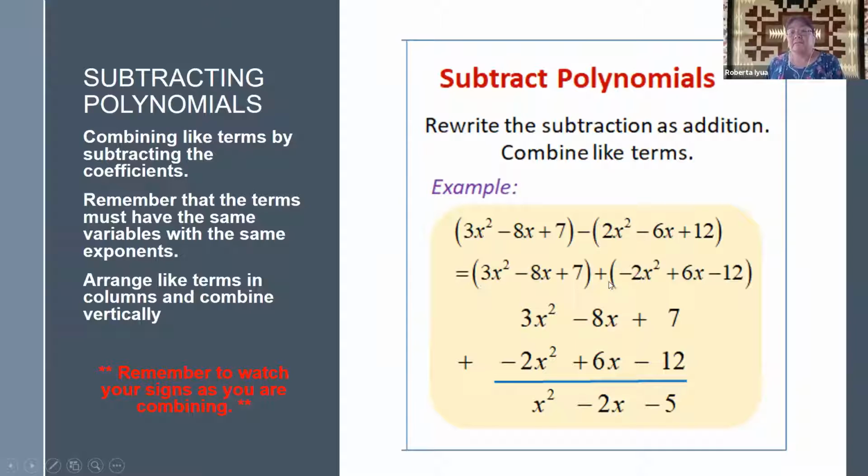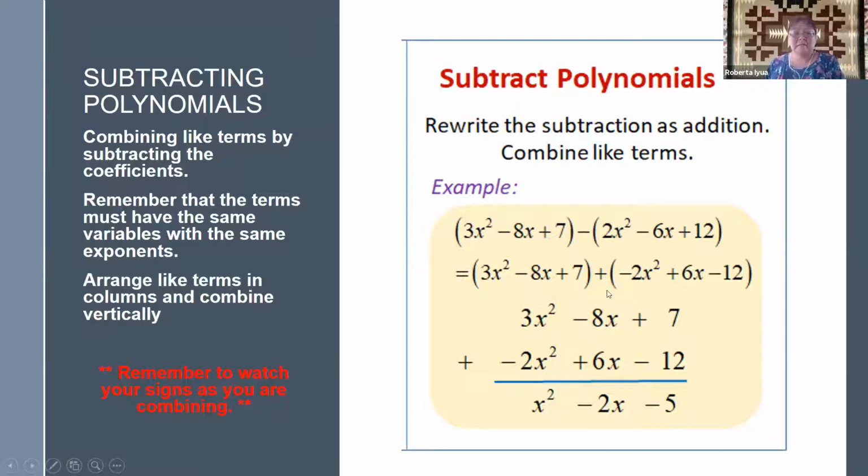You can add an addition sign. Make sure you distribute your negative sign throughout the whole function. As in this example up here, the minus became a negative 2x. The negative and a negative became a positive 6x, and then the negative and the positive 12 became a negative 12. And then you can stack them up and add them together.